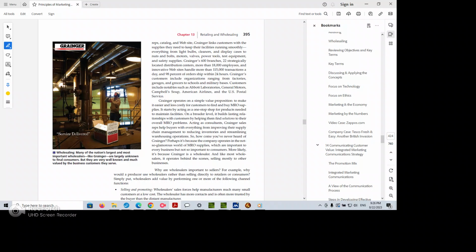So in wholesaling, many of the nation's largest and most important wholesalers like Grainger are largely unknown to final consumers, but they are very well known and valued by the business customers they serve. So basically, it's like saying consumers are unfamiliar with all the materials that go into making a computer or all the individual components, but they know the computer as a whole.